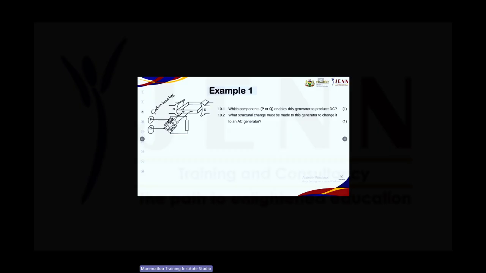Then if I look at Q, Q is going to be a ring. But which ring is it? Can you see that the ring is split, so there are gaps in between. So that is going to be a split ring commutator, okay?